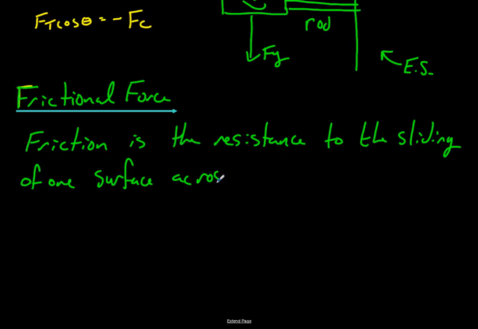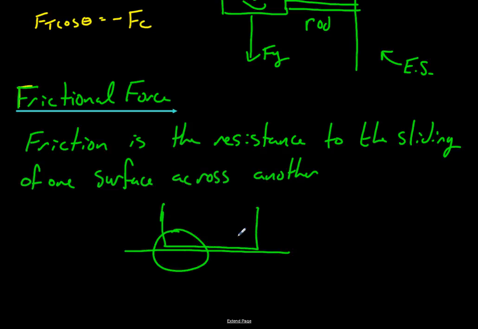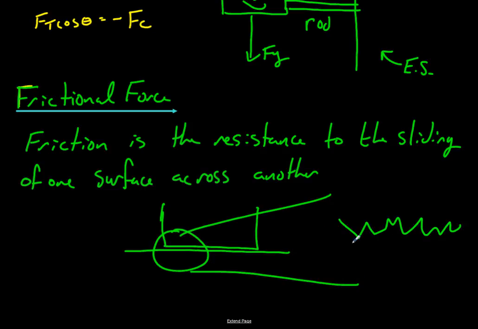Okay? And what's actually at play is if you were to look at the very bottom of two surfaces, even if they seem to be smooth, if we were able to magnify them and look in there really closely, you'd see that they're quite jagged, right? Even things that appear to be super smooth are jagged.